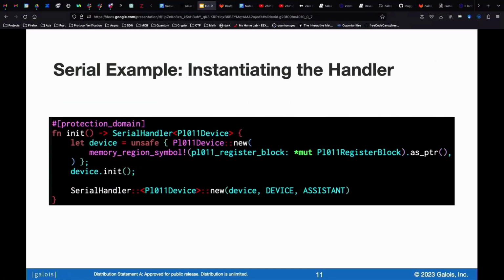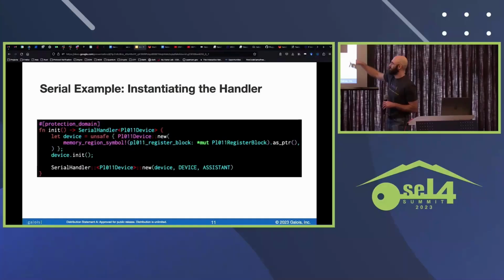So here's what this looks like inside the actual driver component. This is the initialization function, and you can see all it's doing is instantiating some device that's defined in an existing crate.